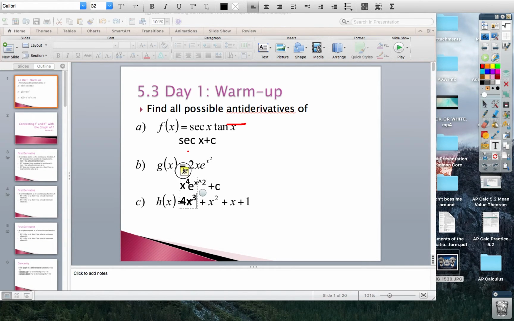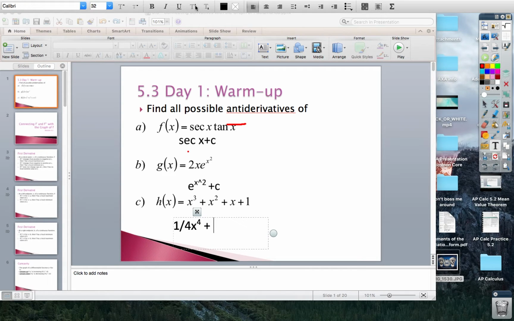Now what's missing from what we started with and what we have here is that there is no 4, which means it originally must have had something that would cancel it out, which is 1/4. Because now if we take the derivative of 1/4 x to the fourth, that would just be x to the third. So now we're taking into consideration what's missing.